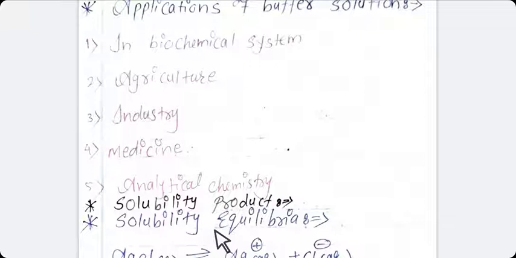Thus, solid silver chloride is in contact with its saturated solution. Silver chloride is a strong electrolyte, hence the quantity that dissolves in water dissociates completely into its constituent ions, Ag plus and Cl minus.